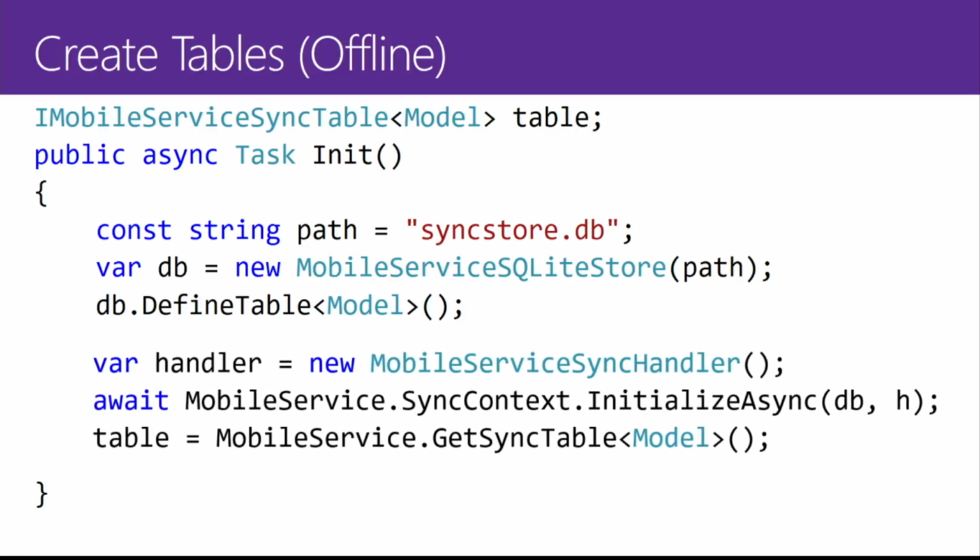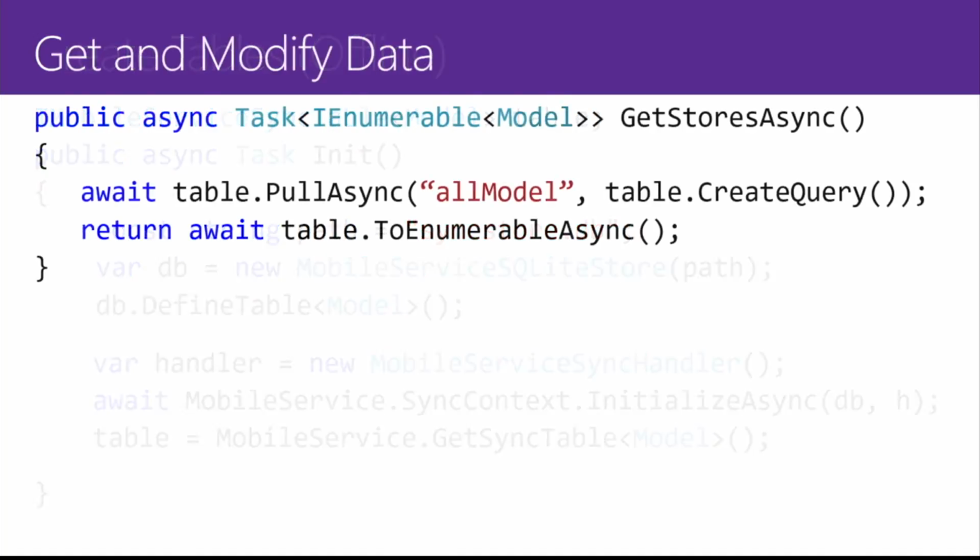Finally, you need a synchronization handler, and then instead of getting the table reference, you get the sync table reference. So now that same table, it's still a collection. You can still use LINQ against it, but instead of being an online version where you're going against the cloud data, you're going to be going against a local database. So 5 lines of extra code, and you've got an offline capable table.